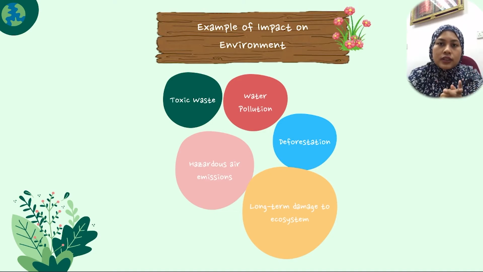Fourth is long-term damage to ecosystem. Damage to the ecosystem will cause increased flooding due to erosion of soil, and also rising sea level due to melting of glacier caused by global warming.